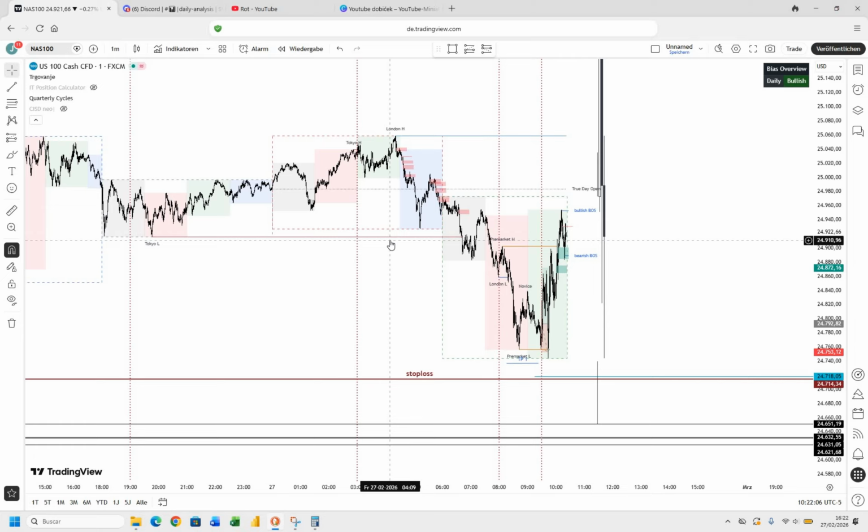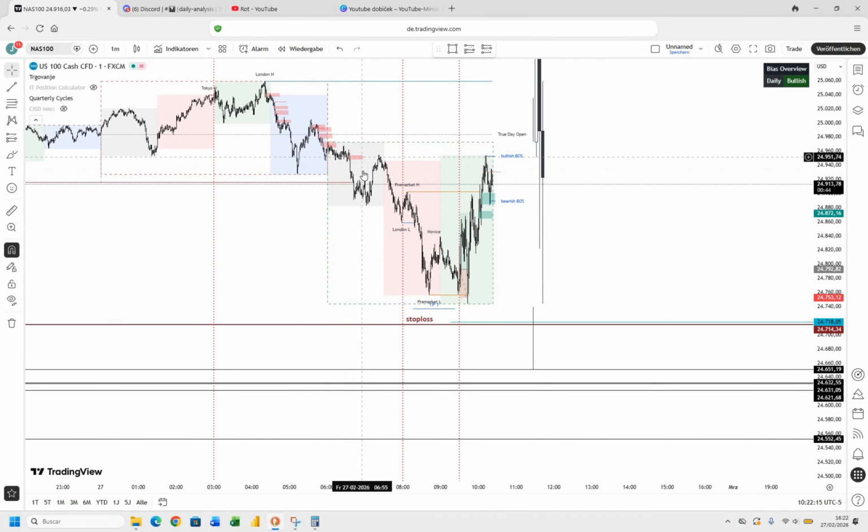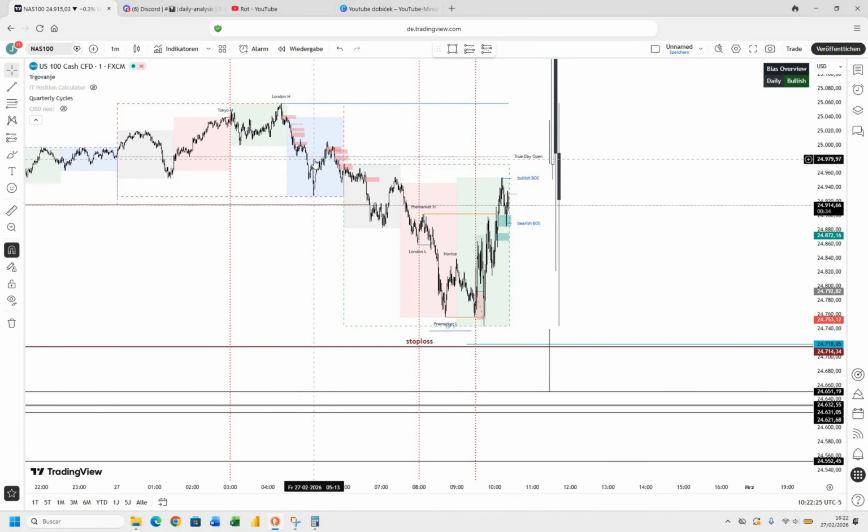Okay, but the fourth power is actually time. So you have accumulation, manipulation, distribution, and time. Basically, gray represents accumulation, red manipulation, and then green distribution. And then the fourth one, which is blue, represents more or less closure and finish.